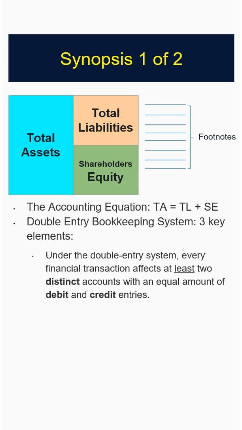First and foremost, under this double entry system, every financial transaction affects at least two distinct accounts with an equal amount of debit and credit entries. Say for instance, a business bought a new machine and they have paid for it in cash. When they did it, the cash account of the business will be credited and the machine account of the business will be debited by the same amount.